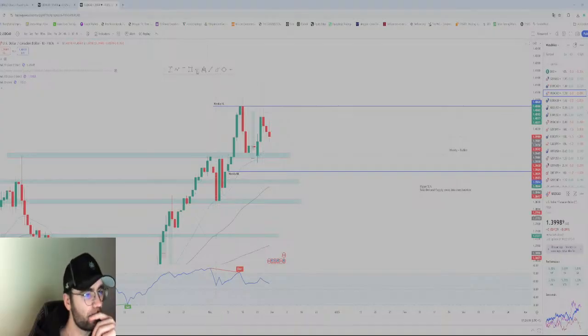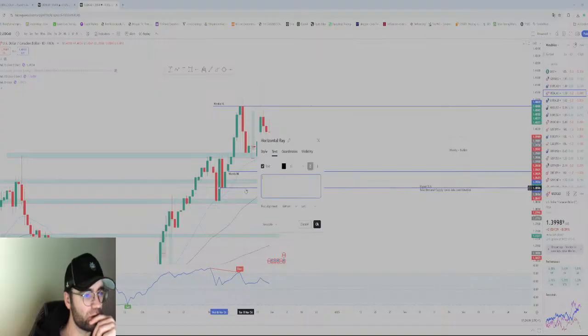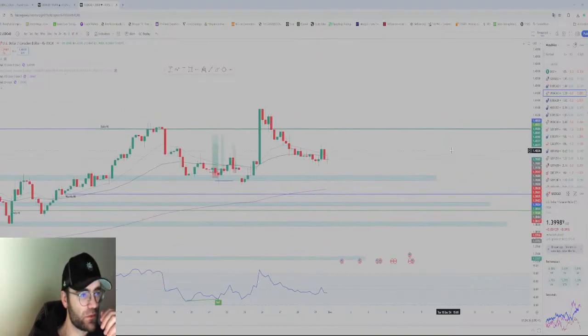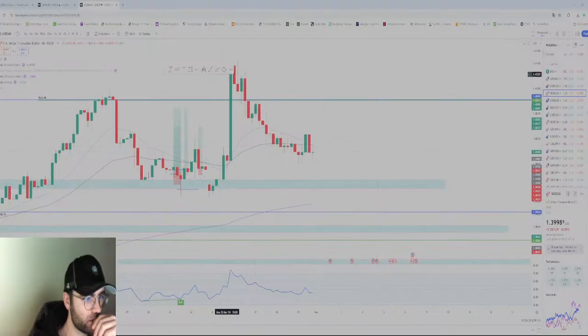This is the daily higher low. Daily is also bullish. Let's see what the 4 hour is. The 4 hour is still bullish.